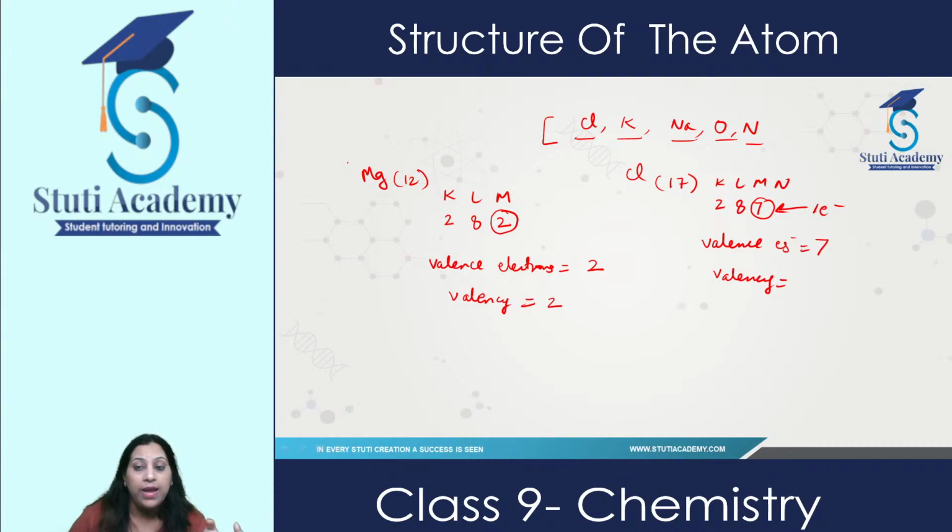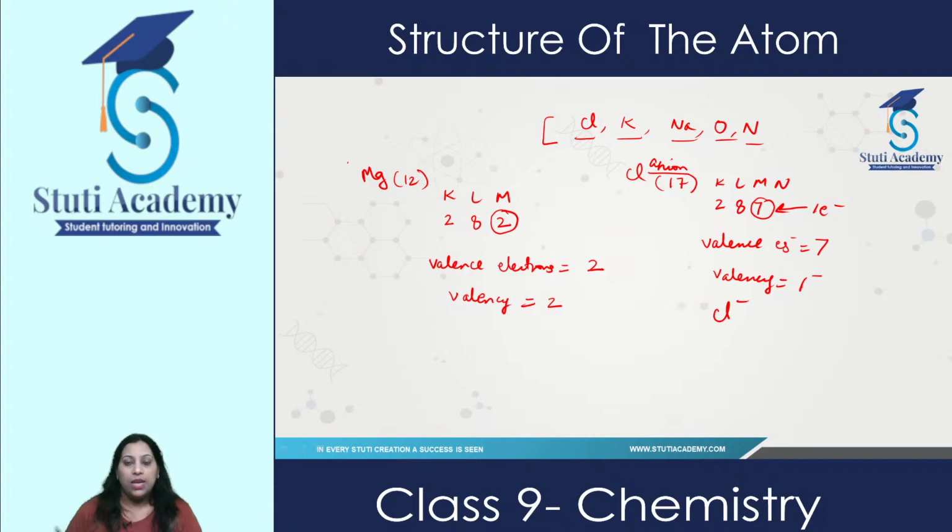So that's why its valency is 1 negative, because it is accepting. When we write valency, it is 1 only, or sometimes we write it like this. The valency of chlorine is 1 because it accepts 1 electron and becomes an anion.